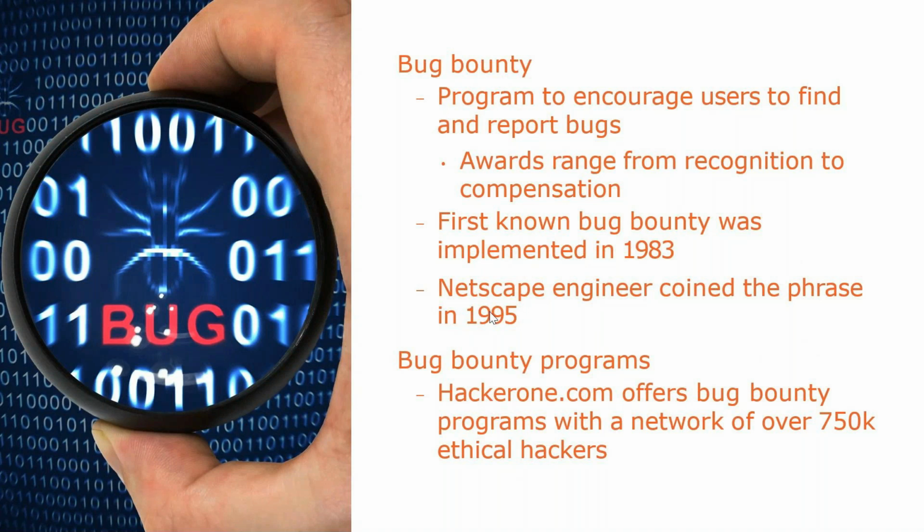Awards range from recognition to compensation. The first known bug bounty was implemented in 1983. Then a Netscape engineer coined the phrase in 1995. Many bug bounty programs are available on HackerOne.com, which offers bug bounty programs with a network of over 750k ethical hackers.